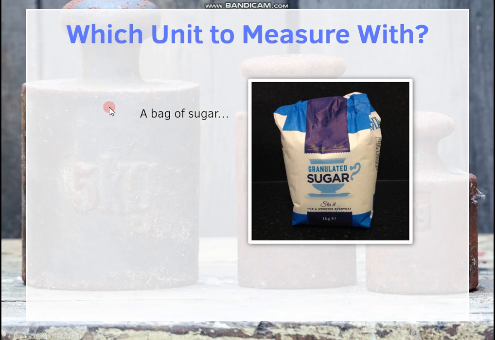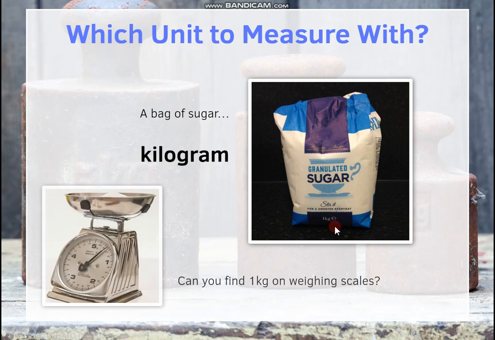Now, a bag of sugar, we'll say a full bag of sugar. This one isn't quite full, I'd say, but if you had a full bag of sugar, and I think on the packaging it gives it away, it'll be measured as 1 kilogram, okay? So on this weighing scales here, this is a kitchen scales, and you'd use this for baking a lot. So can you see where 1 kilogram is in this scale?